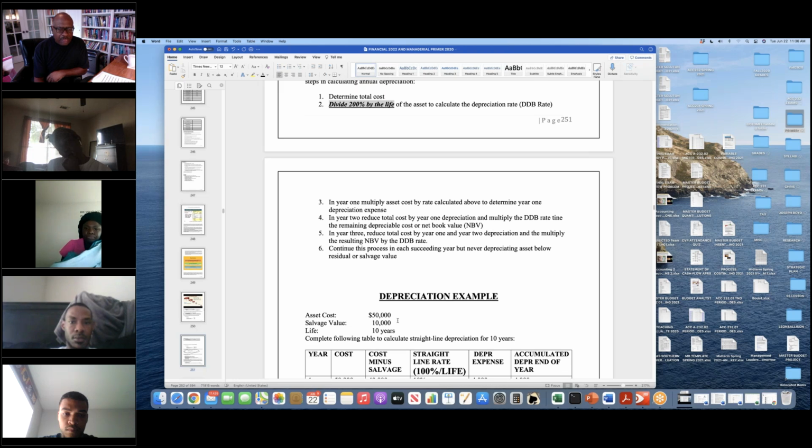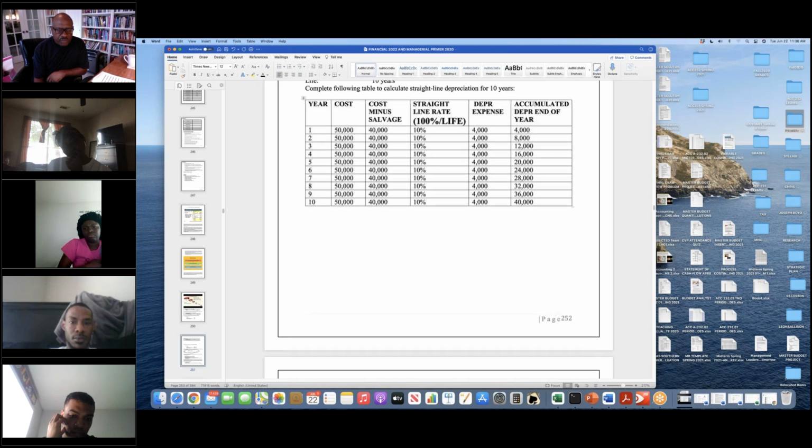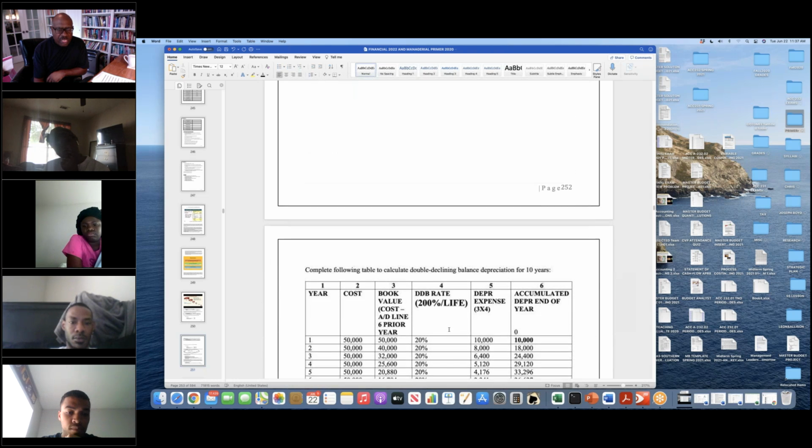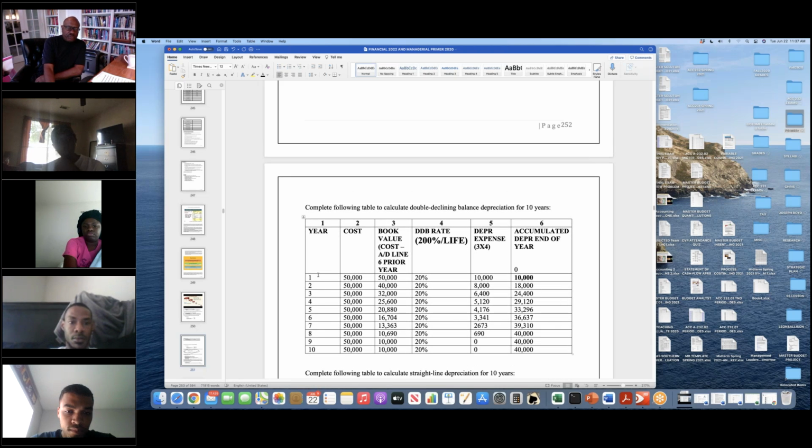So you saw how it looked with straight line, the same depreciation each year. If we're doing double declining balance, first of all, the cost is 50,000. Our book value is always the cost minus accumulated depreciation of the prior year. So in the first year, we've got the 50,000.